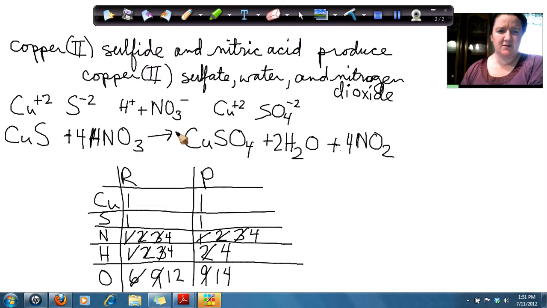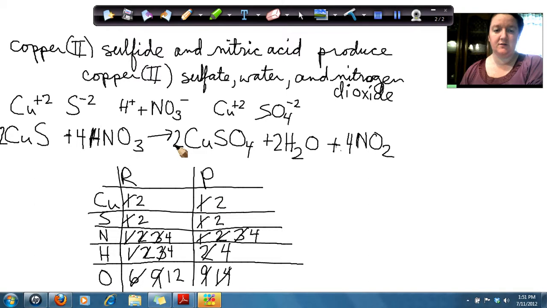Well, if I put 2 in front of this, and 2 in front of this, and I have 2 coppers, 2 coppers, and 2 sulfurs, 2 sulfurs, and I still have 4 nitrogens right now, and I have 4 hydrogens, and I have more than 14 oxygens. So let's look at how many oxygen we have.